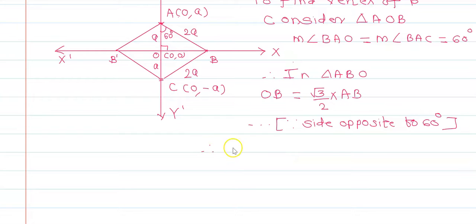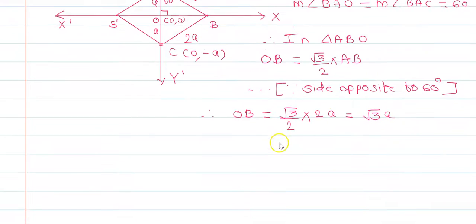And therefore here OB is equal to root 3 upon 2 times the length of AB, that is the side of the equilateral triangle, which is equal to 2a, and therefore it is root 3a.